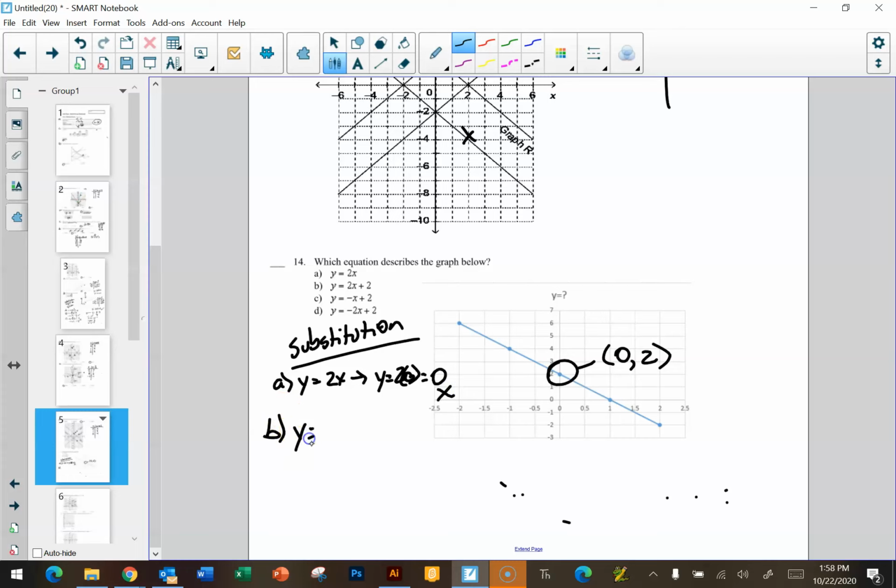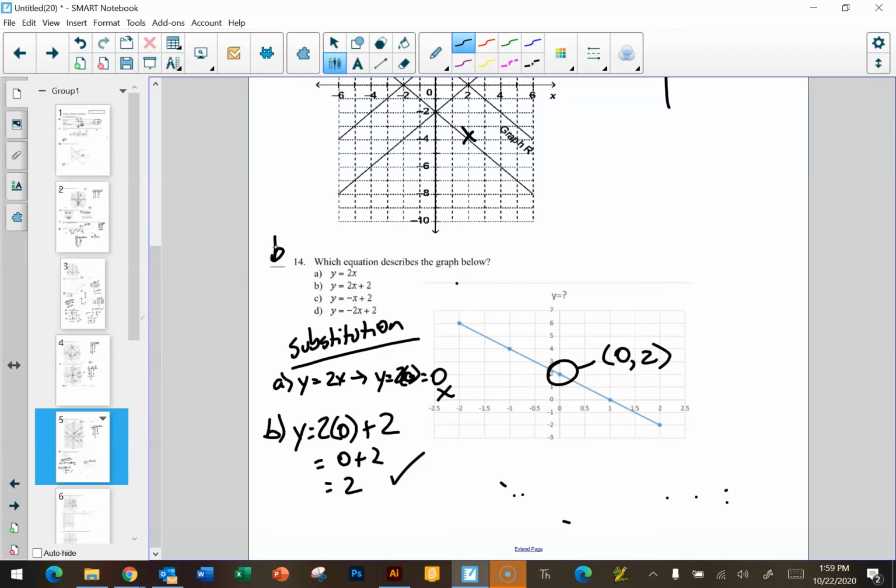Okay, we've got y equals 2x plus 2. So in this case, it would be 2 times 0, because we're only using one point, and the x is 0. Okay, so y equals 2 times 0 plus 2, and what we get is 0 plus 2 equals 2. So for x equals 0, our result was 2, so this one checks out. So I know right away it's B.